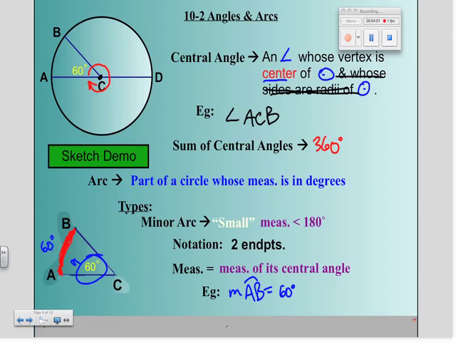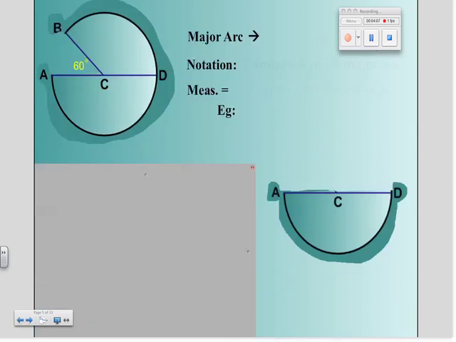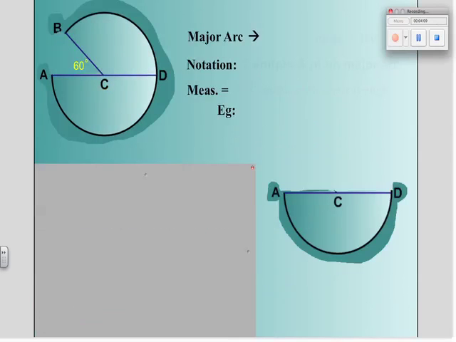Well, if we have a minor arc, you know we're going to have a major arc. And once more, major being the opposite of minor, being the opposite of small, means that our major arc would be large. And if it is the opposite of the minor arc, which is less than 180, it makes sense that the measurement of our major arc would be greater than 180 degrees.